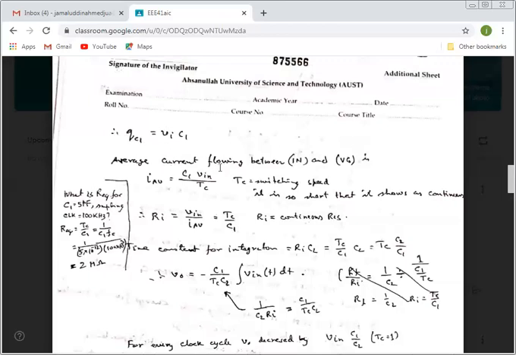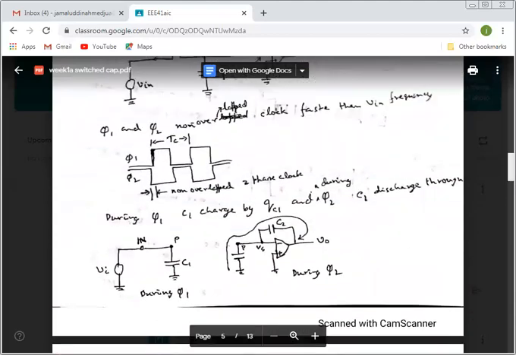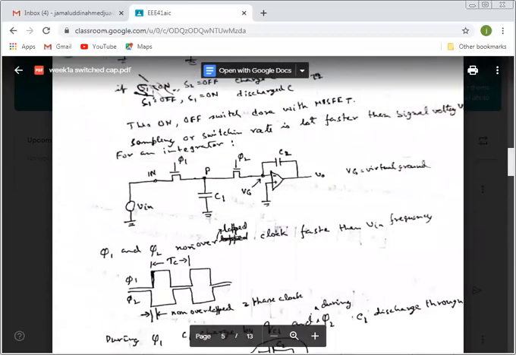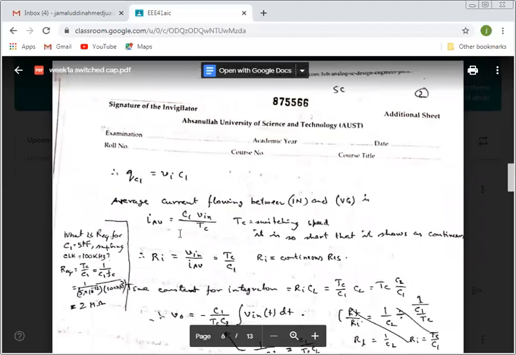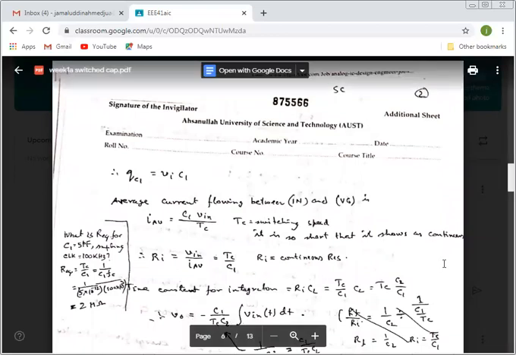So the average current flow between Vin and virtual ground, if it is I average, then I equals C1 Vin divided by the sampling time, the switching speed. It is so short that it shows as continuous.